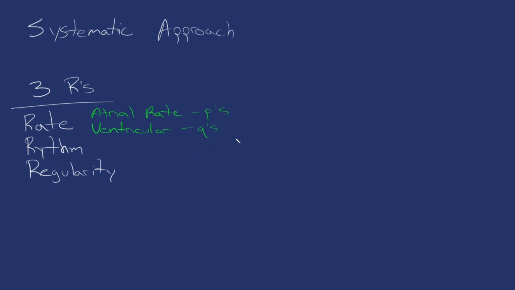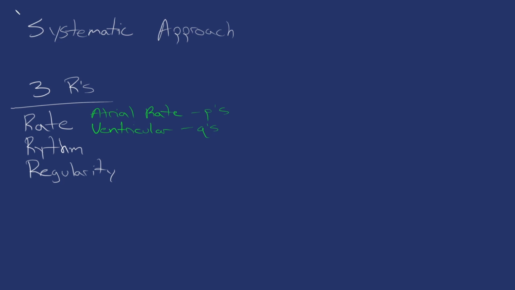So in cases such as a flutter, for example, where the atrial rate may be like 200, we might have a ventricular rate that's 100. That's one of those things that's the first step in figuring out what's going on.